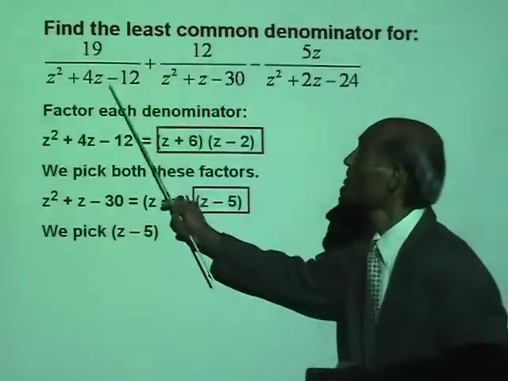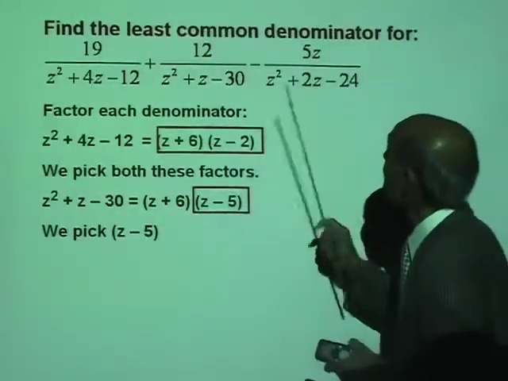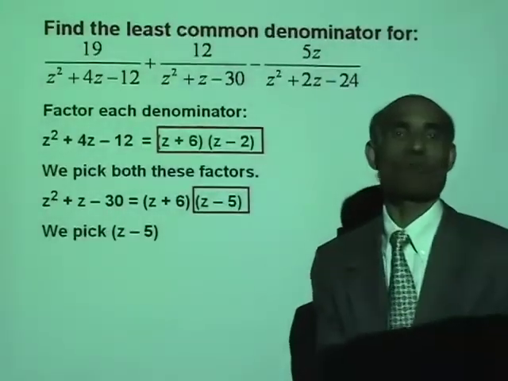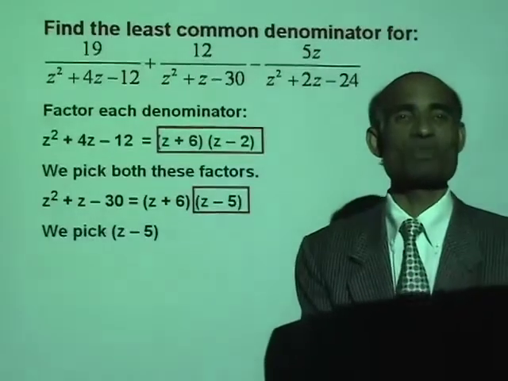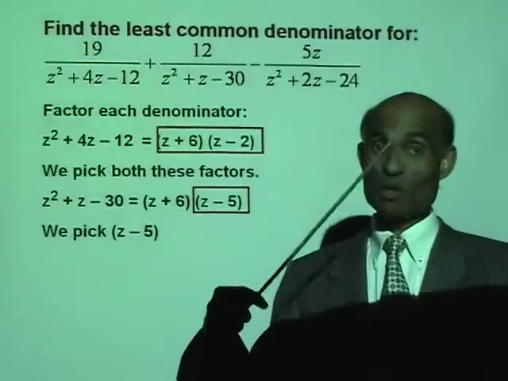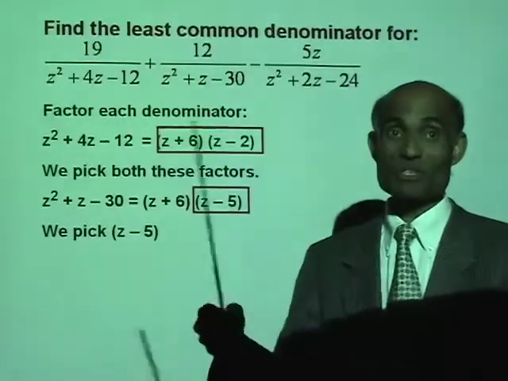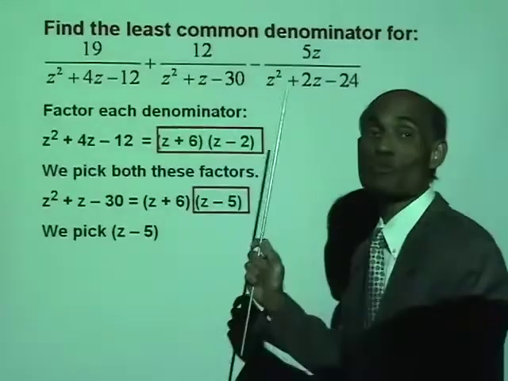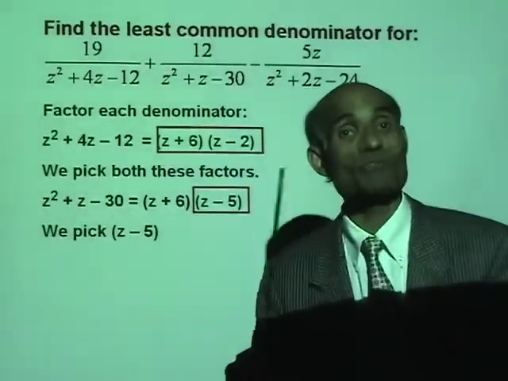Okay, we factored two denominators. Let's now factor the third denominator. I'm sure you can do that for me. Z squared plus 2z minus 24. It should come out quickly now from your mind. You see, two numbers that when multiplied give you negative 24, and when added give you positive 2.